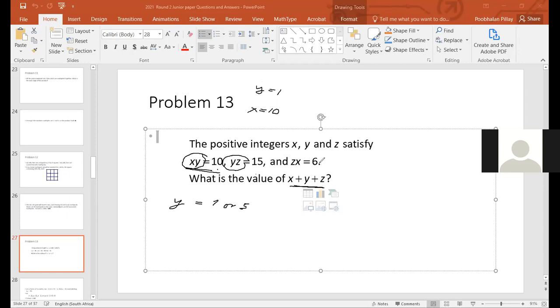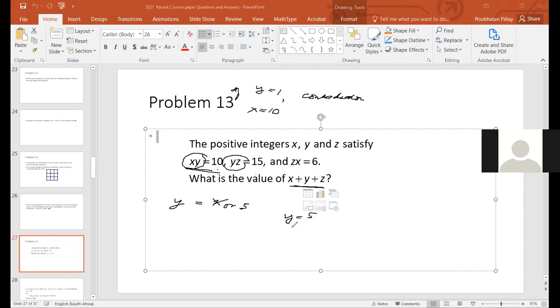Each of these is a factorization. So if y equals 1, you come to a contradiction, because then x equals 10, and x is a factor of 6, which is impossible. So this is eliminated.